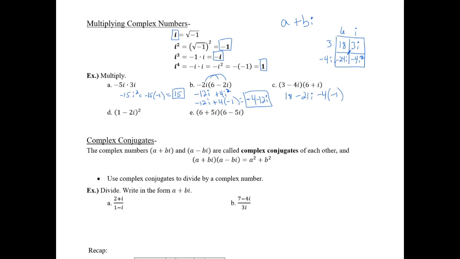We change it to negative 1. I'm going to multiply those two, and negative 4 times negative 1 is a positive 4. And lastly, I need to combine my constants, my real number part. 18 plus 4 is 22, minus 21i.